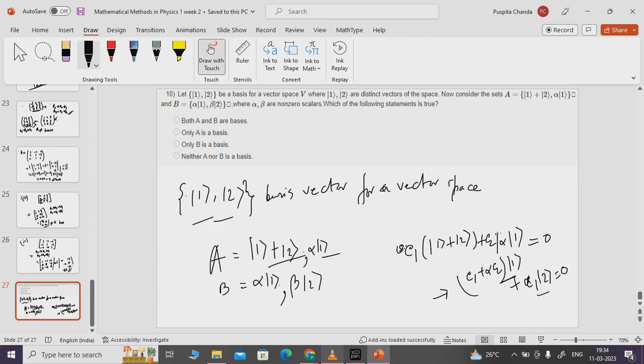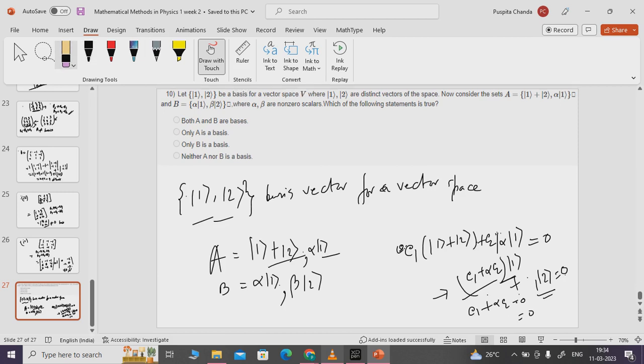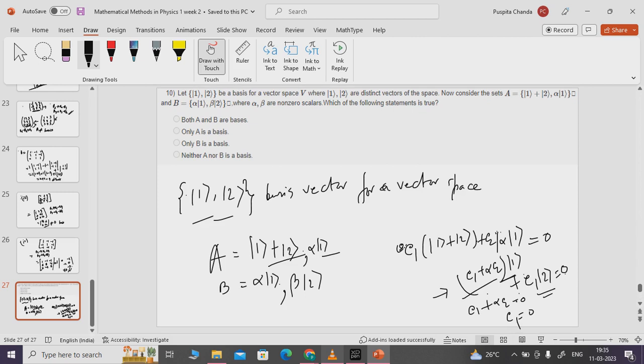Since v1 and v2 are already basis vectors, the coefficient of v1 and the coefficient of v2 have to be 0 independently. So C1 is 0, which means C2 also needs to be 0.